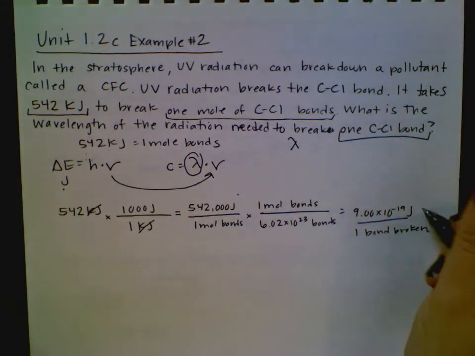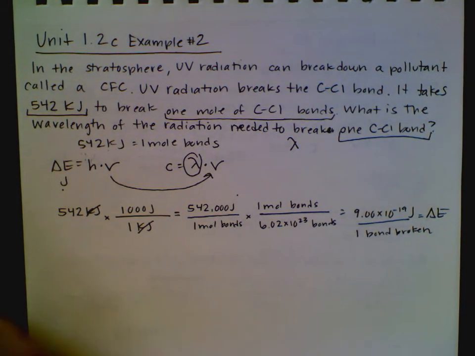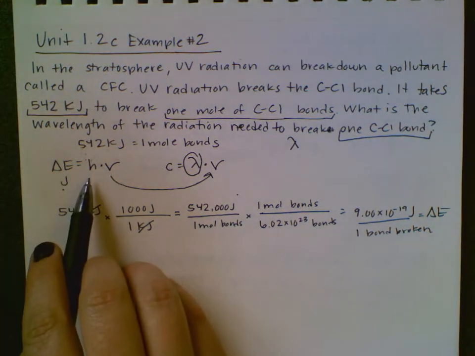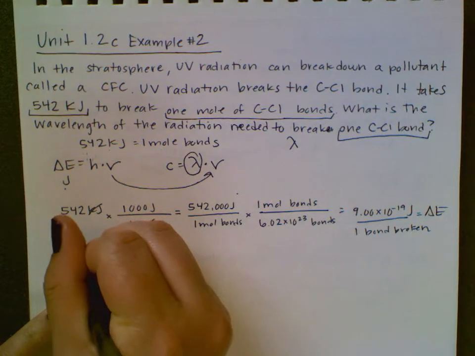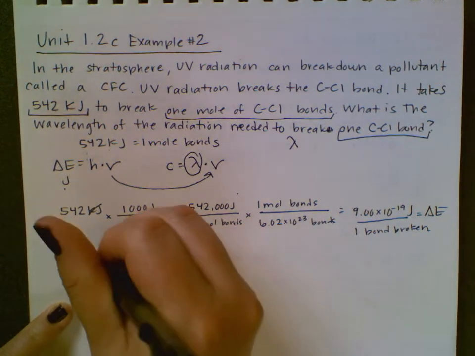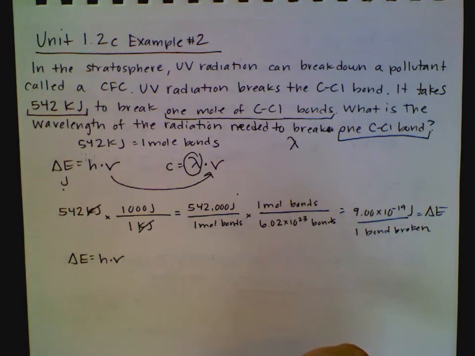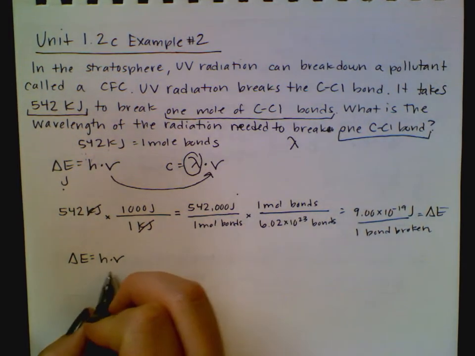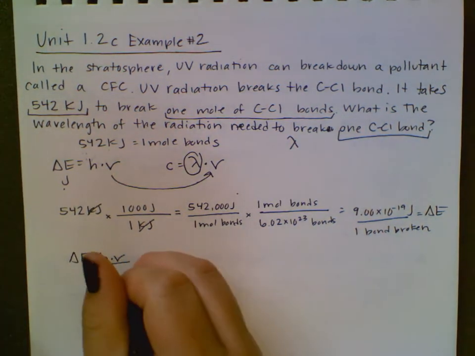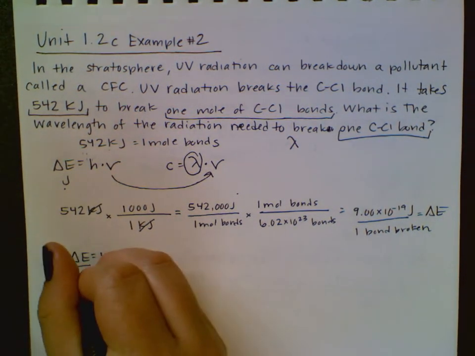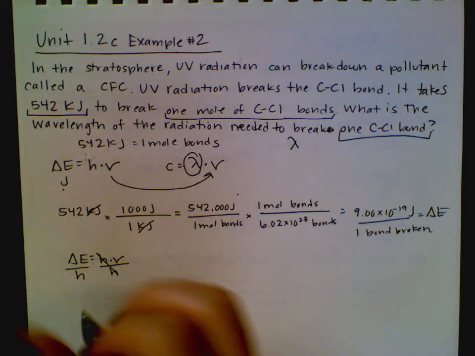So the good news is now, though, I have my change in energy required. I've got my energy, I know Planck's constant, and so I can find my frequency. So like I said before, I like to do my algebra work before I put the numbers in. If you don't like that, that's fine, but I just think it's a lot less to write. So I want to find frequency this time instead of my energy. So I need to divide by Planck's constant on both sides so that I can get the frequency by itself.